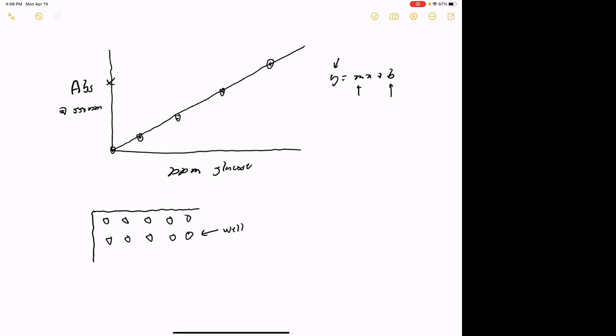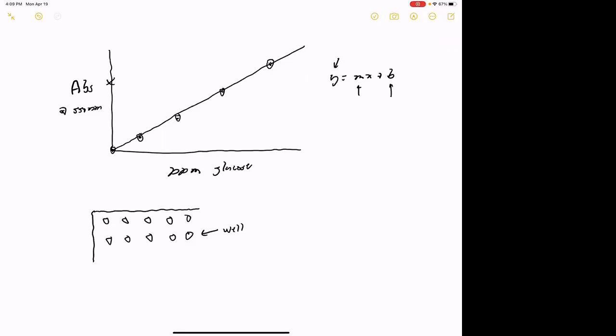And you can put solution in there with a pipette. So we're going to use an auto pipette to fill the wells. That's actually the most time consuming part, going from your solutions via the auto pipette to fill the wells. But once you've done this, you can have, for example, 5 or 6 or 8 or 10 different absorbances for every one of your standards.